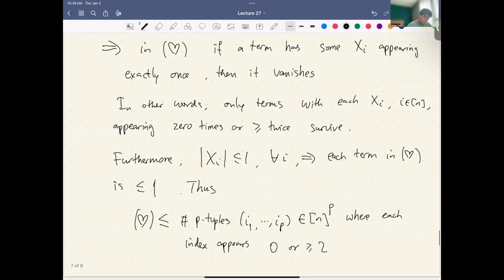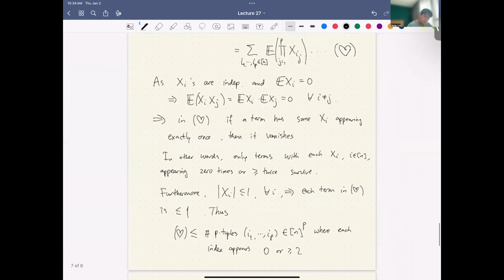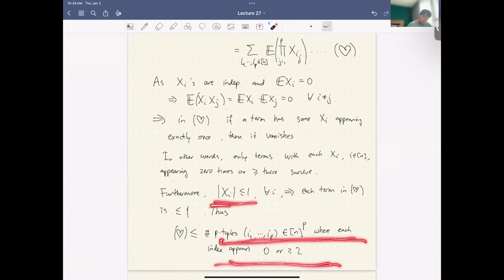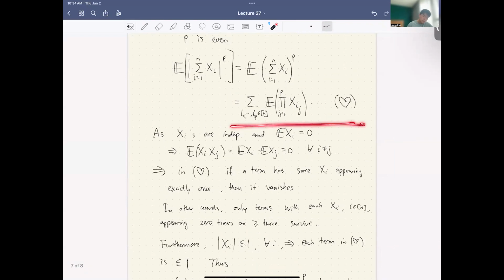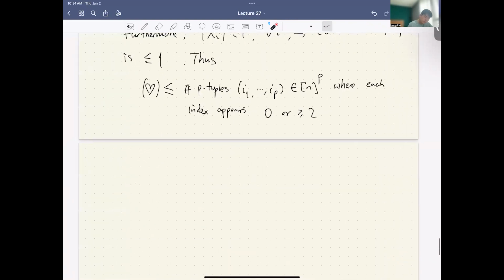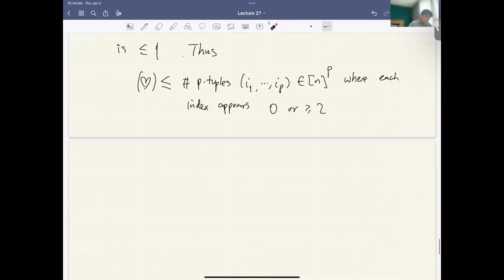Any questions so far? Only this type of term survives. And for each one of these terms, because our random variable is bounded by one, you can bound each term by one. So this summand is at most the number of such terms, the number of such tuples. And this number of such tuples is easy to bound.